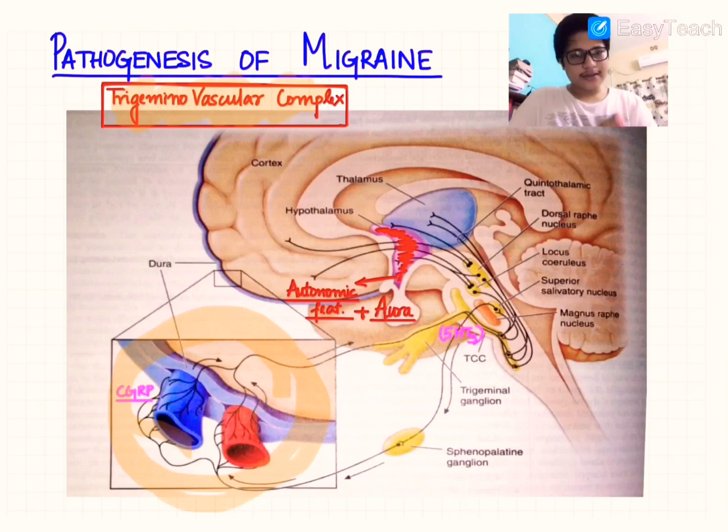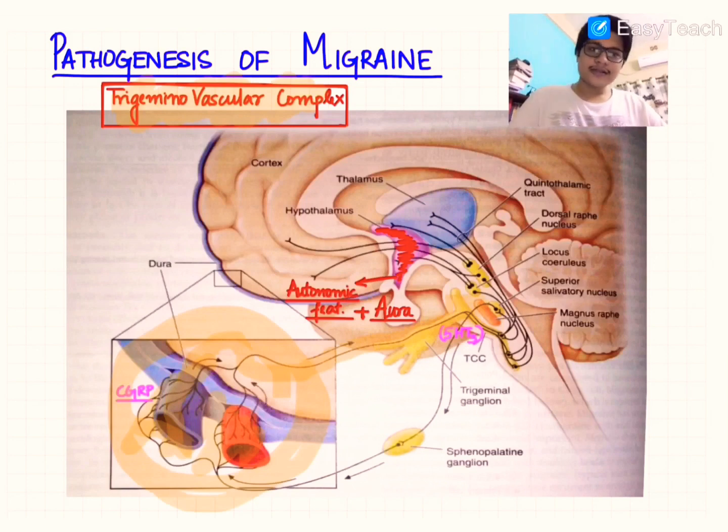When there is an acute attack, at first these vessels go into a vasospasm and they vasoconstrict. These signals are relayed to the TCC, that is the trigeminal cervical complex.